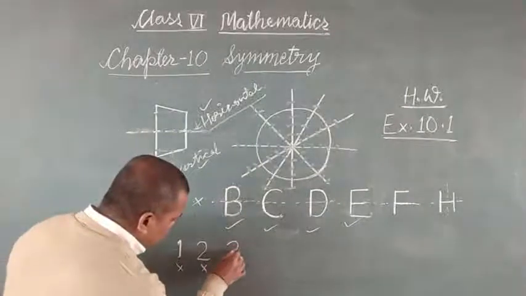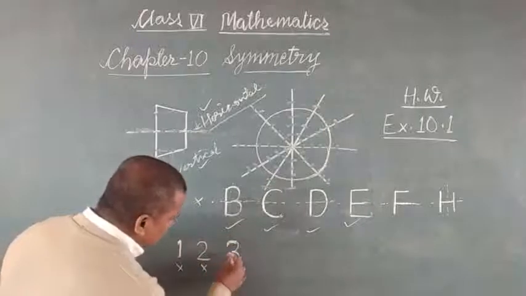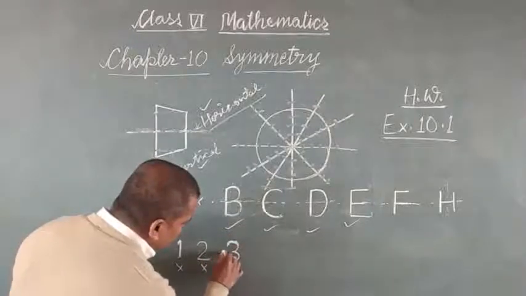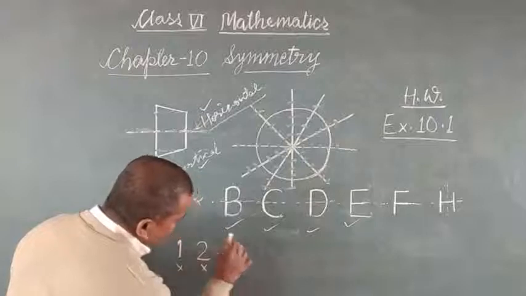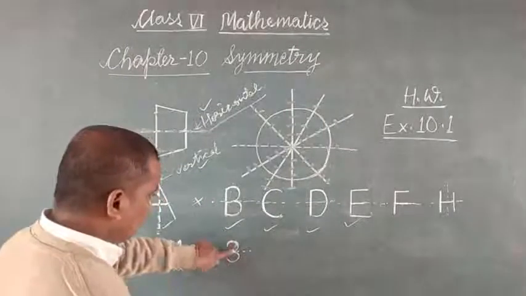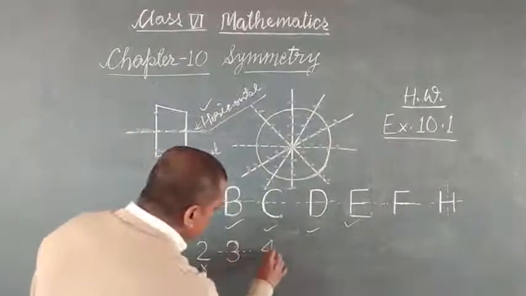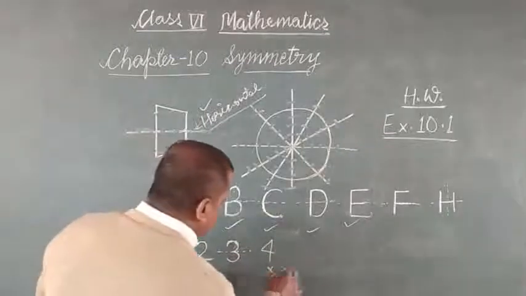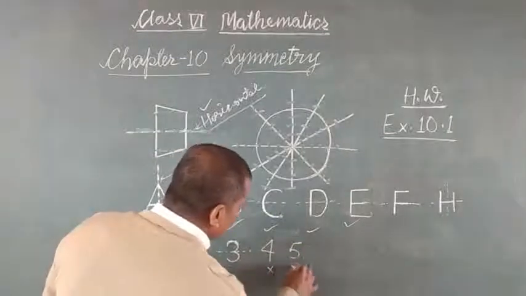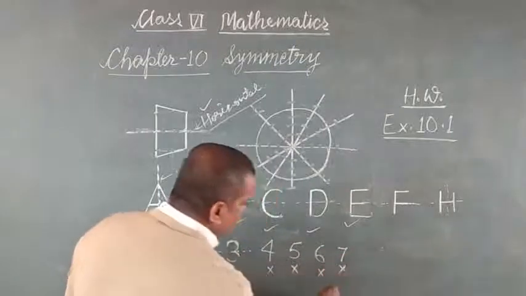But we draw 3. 3 we write like this. Look here. If we draw, then one line of symmetry is drawn here. In the case of digit 3, one line of symmetry. But in the case of digit 4, no line of symmetry. In case of 5, no. 6, no. 7, no.